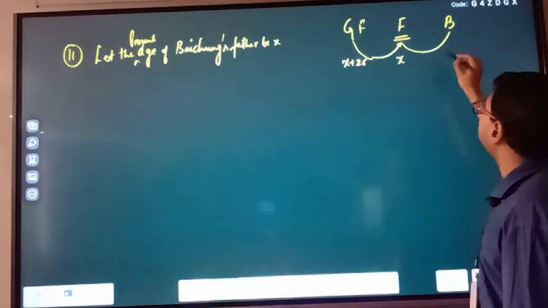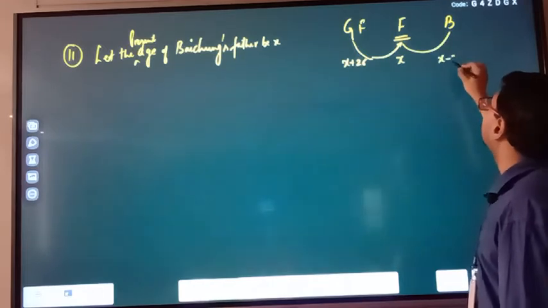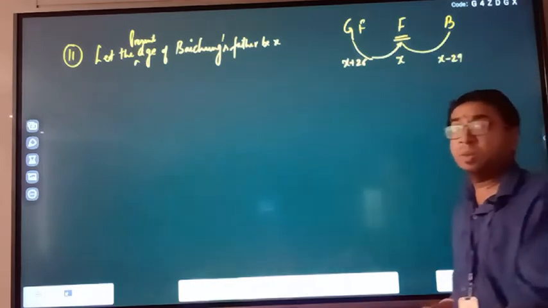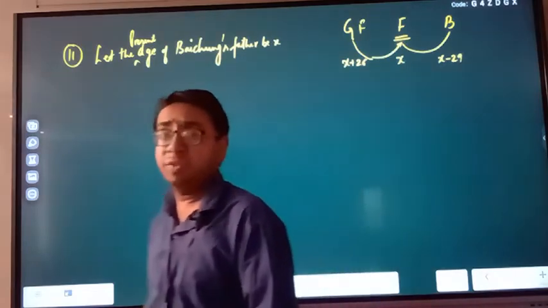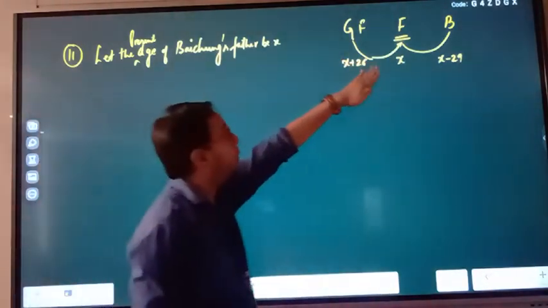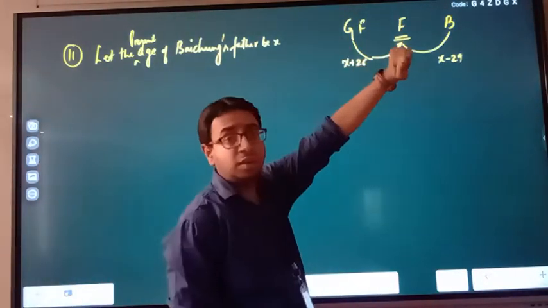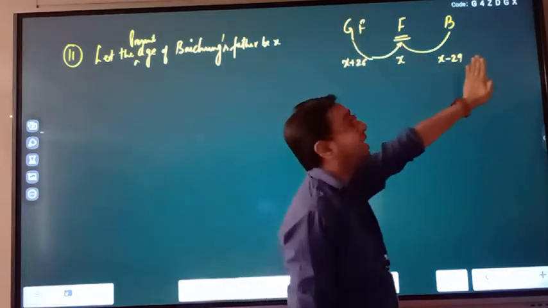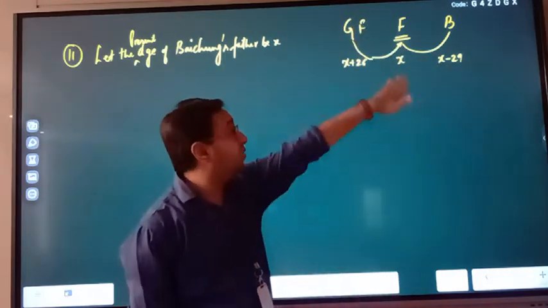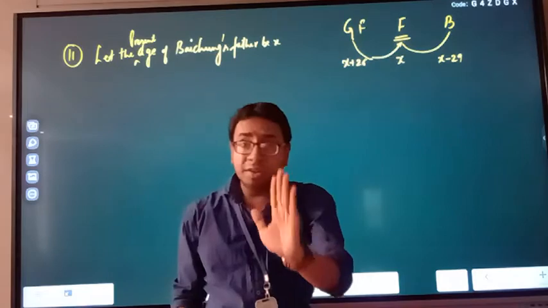It means Baichung will be 29 years younger than his father, while the grandfather will be older than his father. If we are taking the father as the deciding factor here.